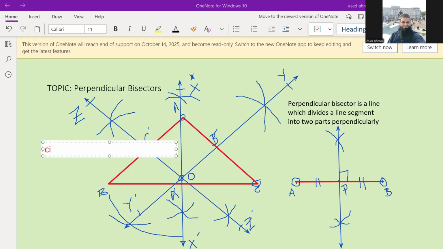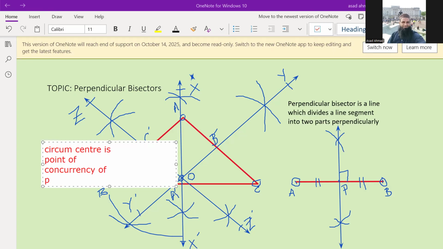Circumcenter is the name of the point of concurrency of perpendicular bisectors of sides of a triangle.